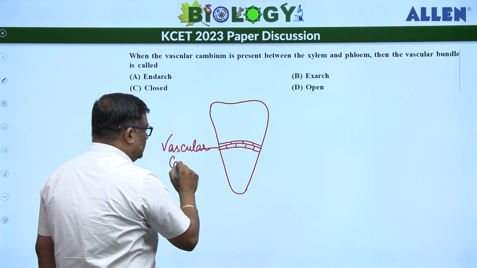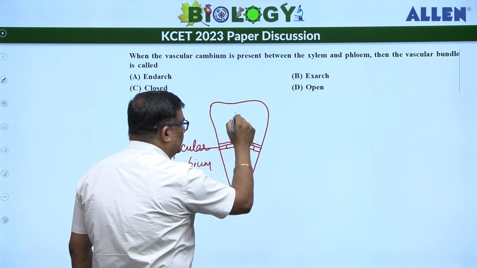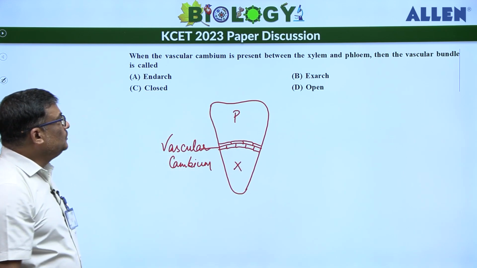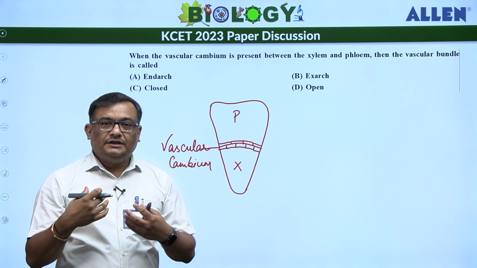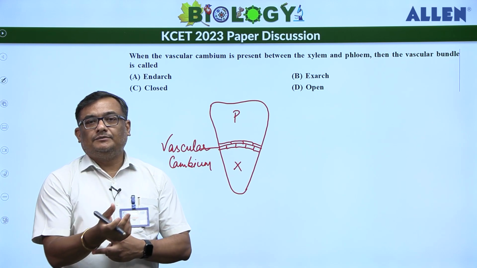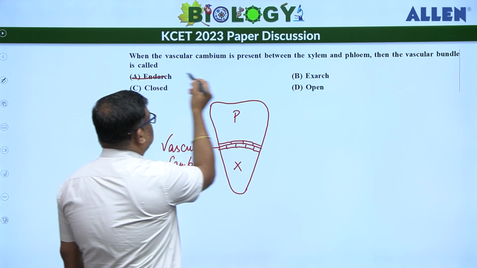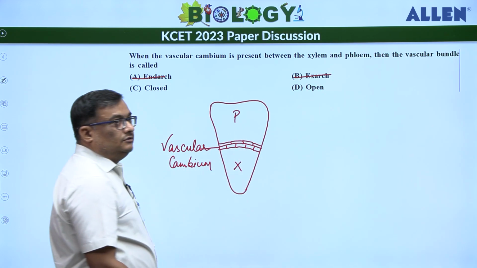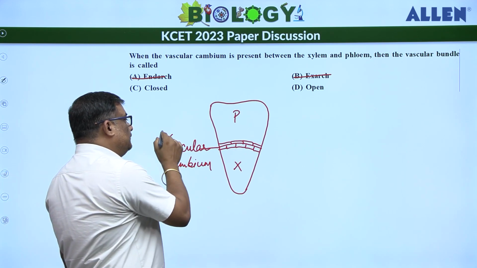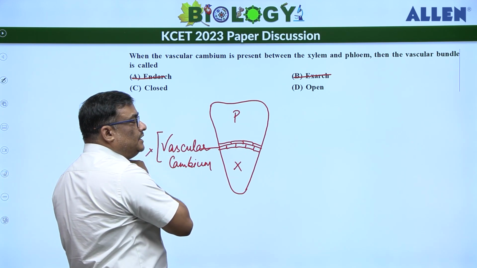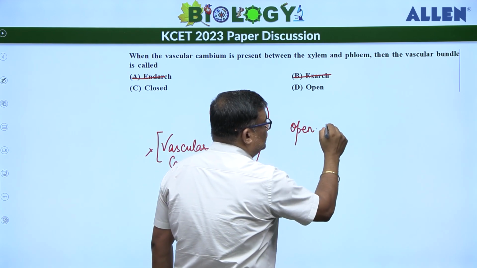Now the concept of endarch and exarch is ruled out because endarch and exarch are related with the protoxylem and metaxylem concept, whether it is inside or outside. So endarch is ruled out, exarch is ruled out. Now you are left with 2 options, closed or open. You know the fact that when the vascular cambium is present in between, the vascular bundles are termed as open vascular bundles.